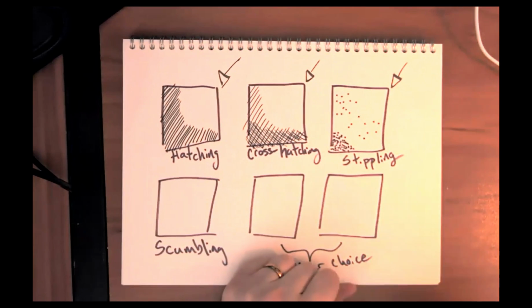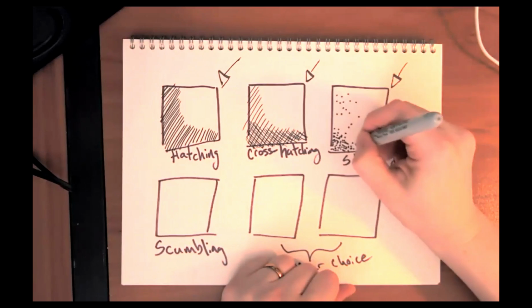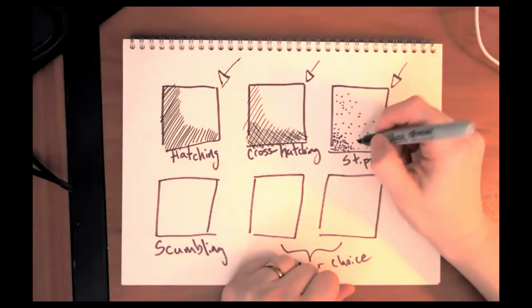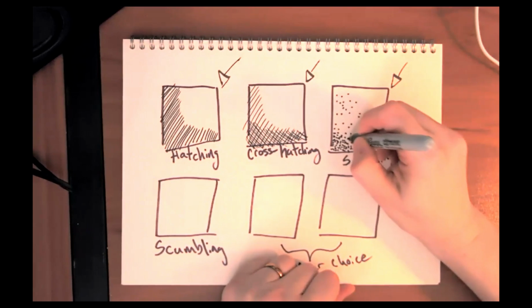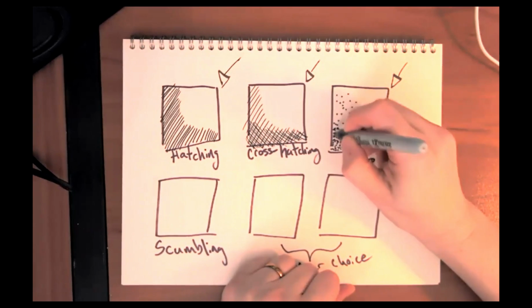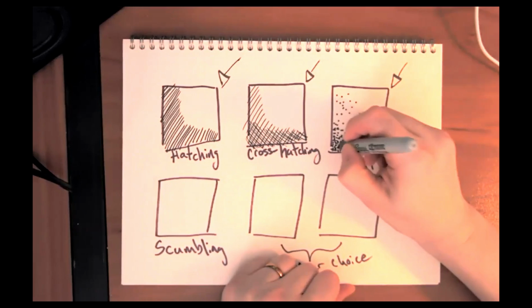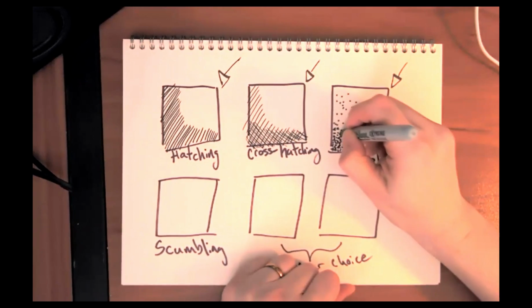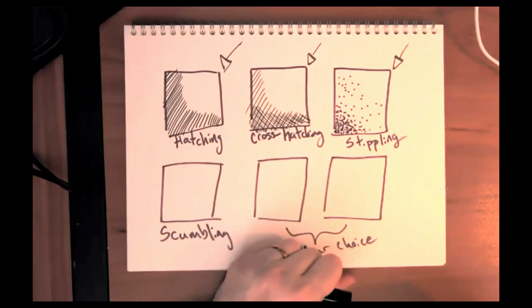Because it's going to make it look darker, and the less dots I put out here, the lighter or the less shadow it is. So a really dark area will have a lot of dots. They'll be overlapping each other. They'll be really close together. So that's stippling.